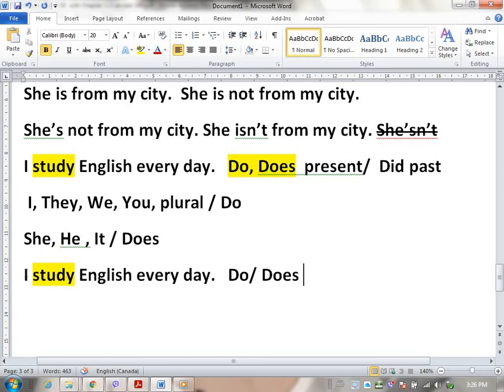Because my subject is I, I say I do. If I want to make it negative, I say I do not study English every day. See? Now my sentence is negative.